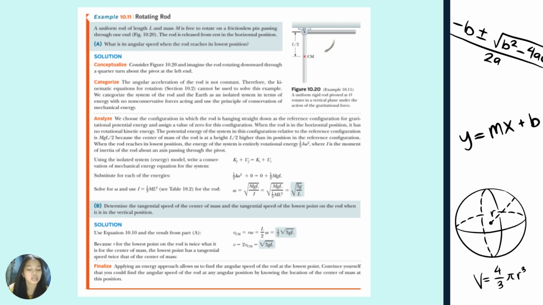Therefore, the kinematic equations for rotation cannot be used to solve this example. We categorize the system of the rod and the Earth as an isolated system in terms of energy, with no non-conservative force acting, and use the principle of conservation of mechanical energy.